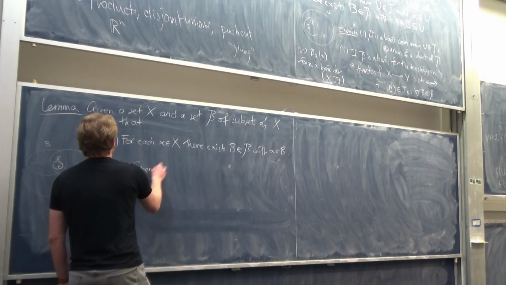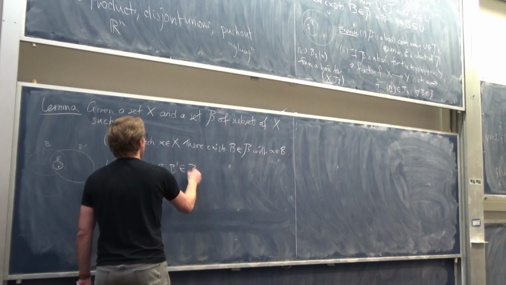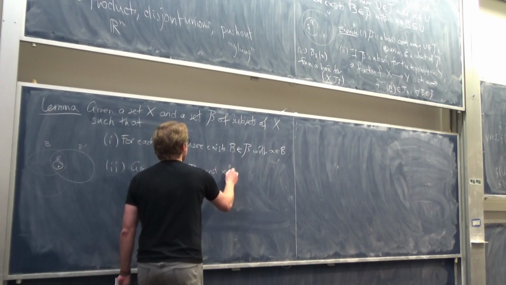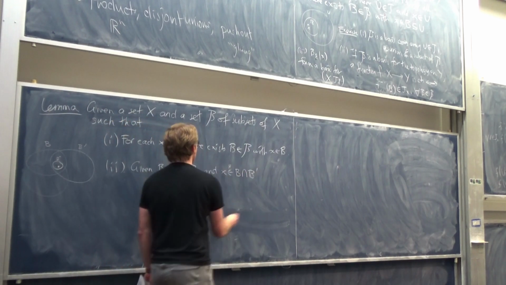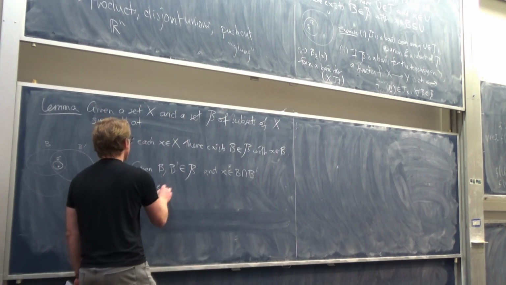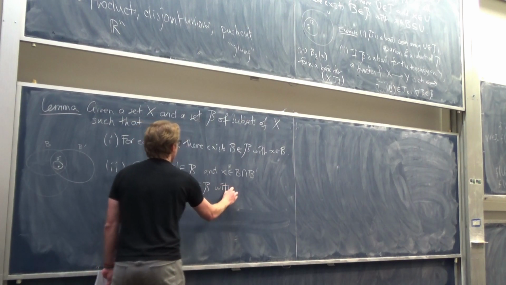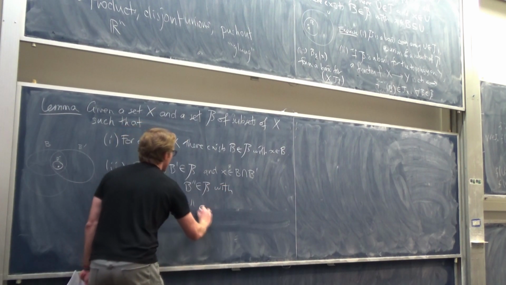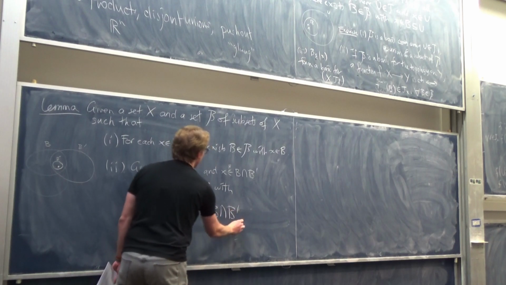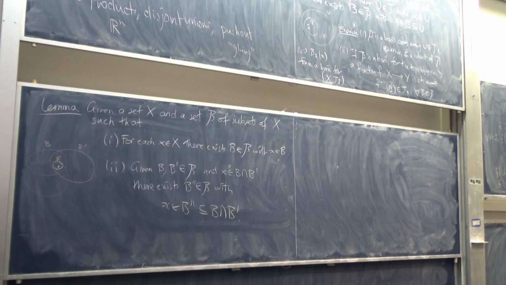Given B and B prime in the basis and a point x in the intersection, there exists B double prime in the basis with x in B double prime contained in B intersect B prime. Okay, so I mean that's clearly necessary because the intersection is open. Intersections are open in a topology, and then applying the definition again, I must have such a B double prime.